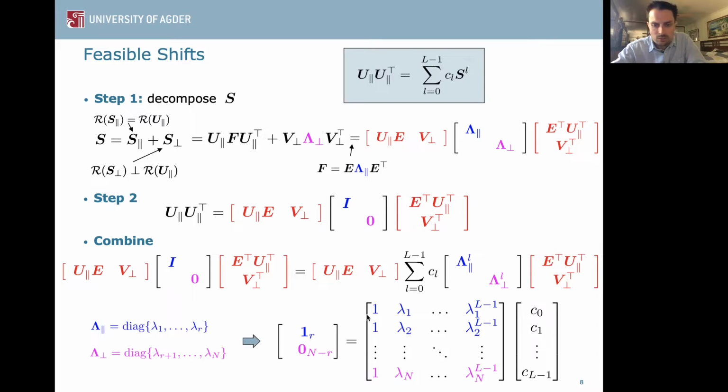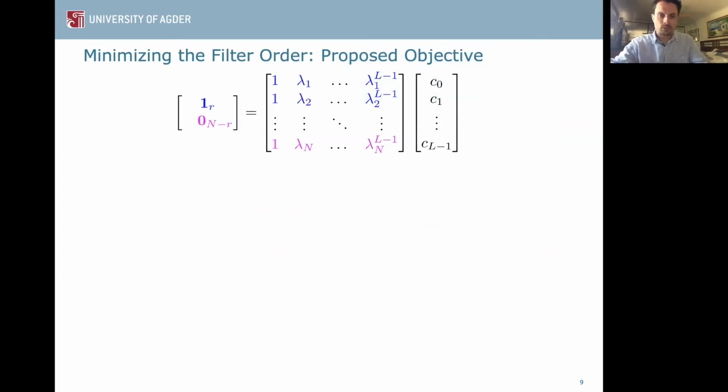system of equations. This is a Vandermonde system of equations, where these coefficients are the eigenvalues of these matrices, S parallel and S perpendicular, and these are the coefficients of the filter. So to sum up, the problem is to find the minimum L for which this equation holds.